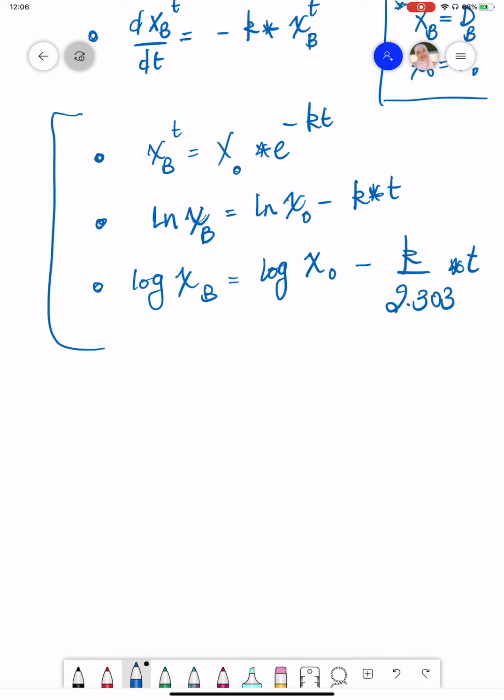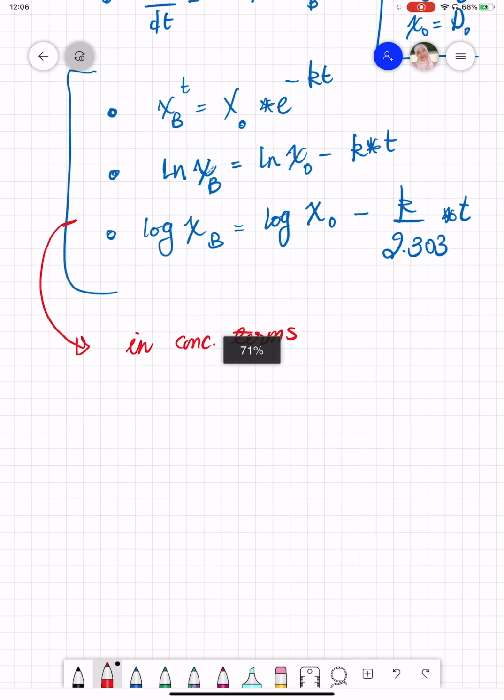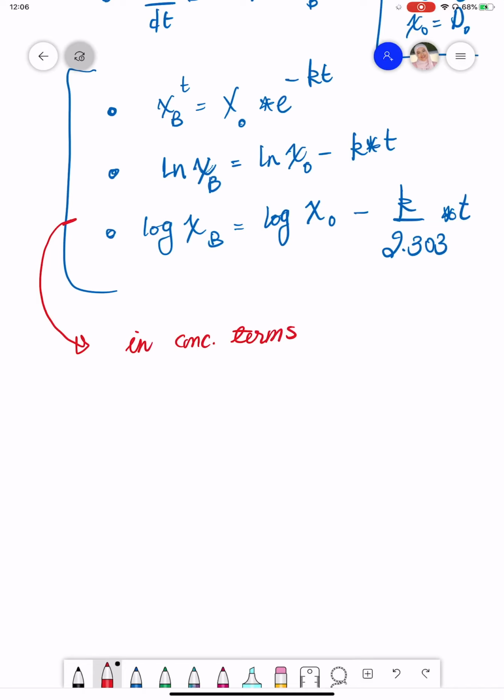And then we mentioned that the same equation could be in concentration terms, right? Even though we had them last time, let's write them as a reminder.